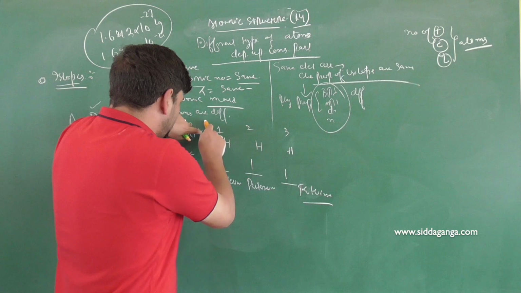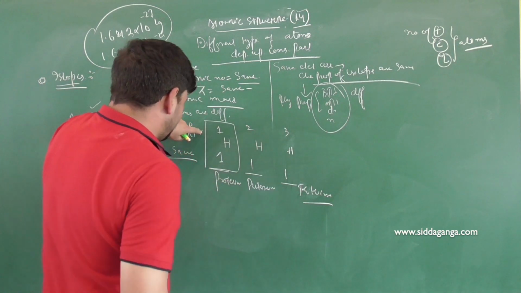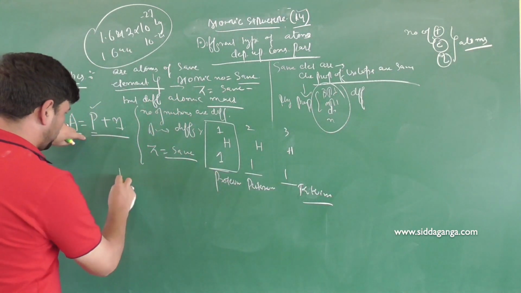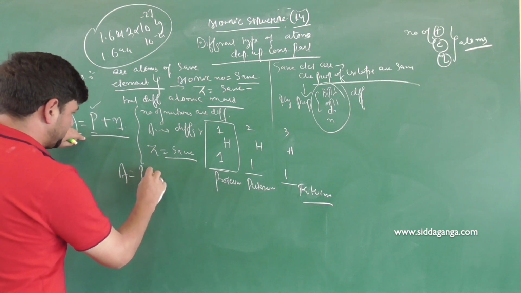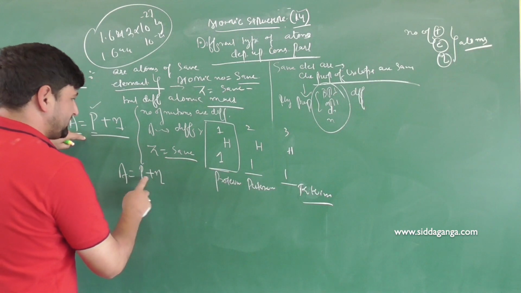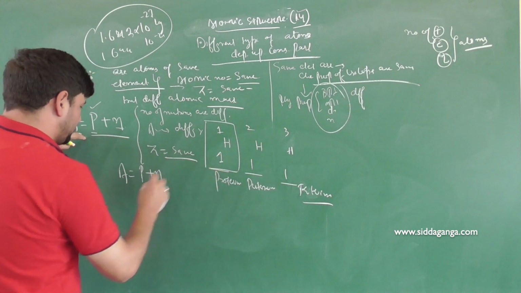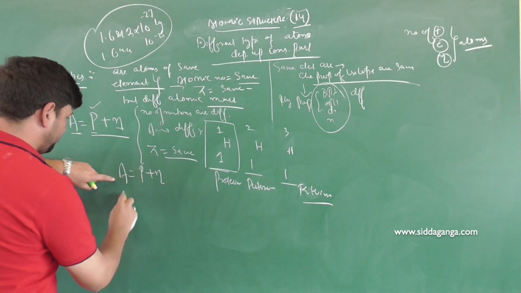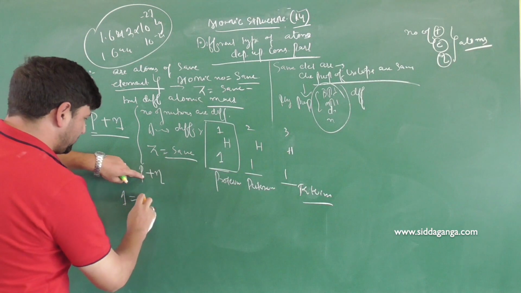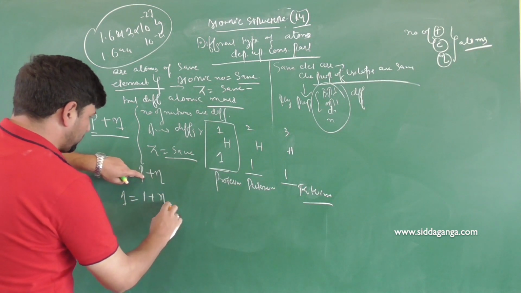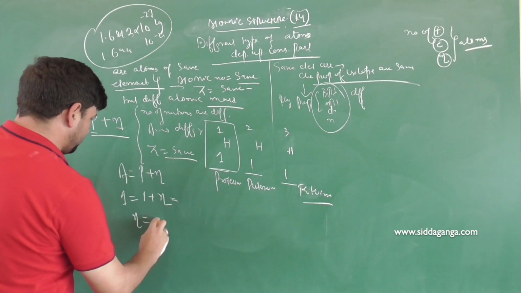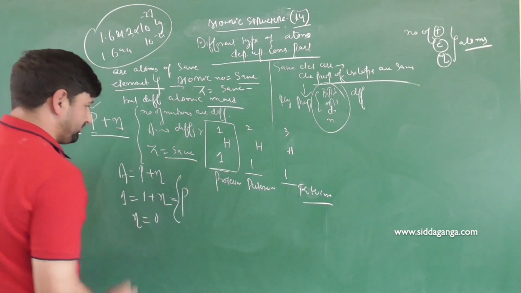Now we know that atomic mass equals the number of protons plus neutrons, and atomic number is represented by the number of protons. For protium, atomic mass is 1. What is the number of protons in hydrogen? It is 1. So the number of neutrons will be 0 for protium.